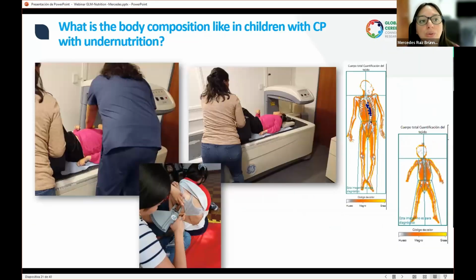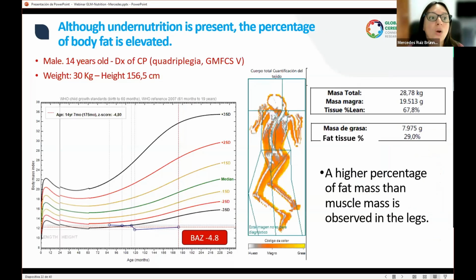So we're trying to know the body composition in children with undernutrition here in Argentina. We are working on this. We are working on DEXA scans, as you can see in the pictures, but we are also taking skin fold measurements. We saw that although the children with CP presented undernutrition, they present a body fat percentage that is elevated.